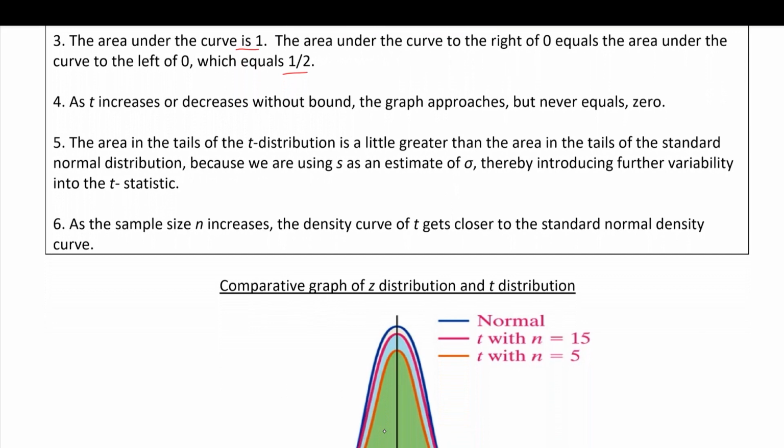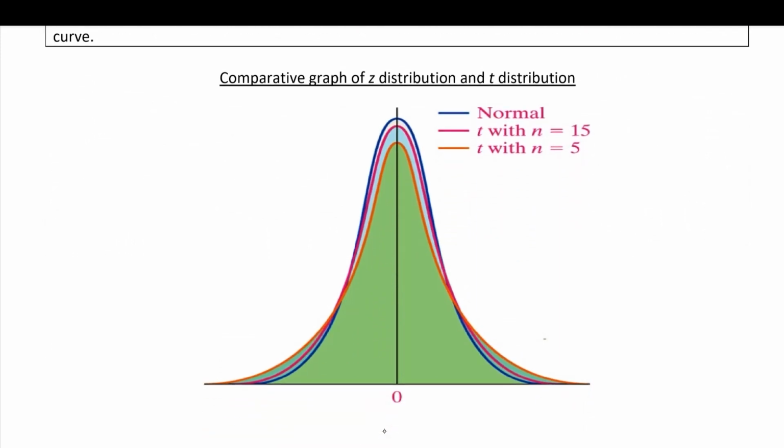And the area in the tails of the t-distribution is a little greater than the areas in the tails for a standard normal distribution. So if you look at the picture here, the standard normal is what's in blue. It's the tallest, but the height here isn't that important. What we're really looking at here is the spread. The normal distribution, if you look down at the very bottom, is spread out less than all the other colors.